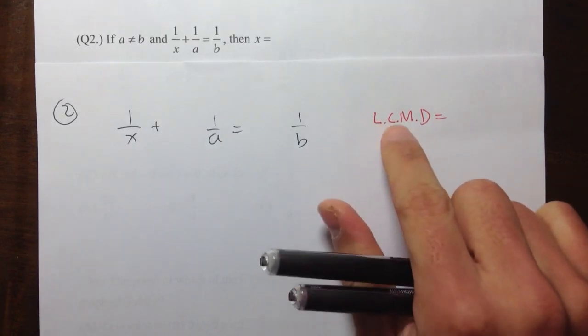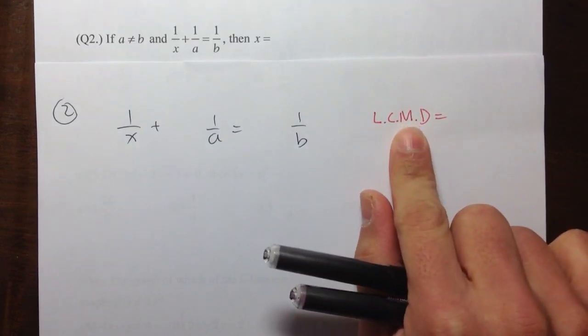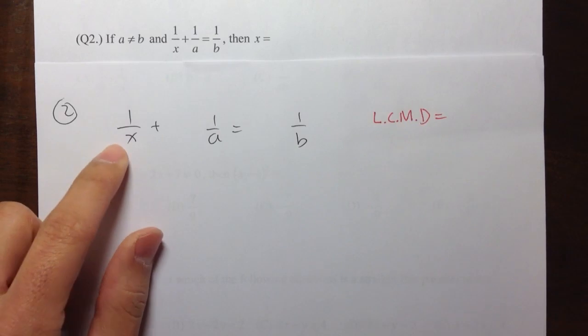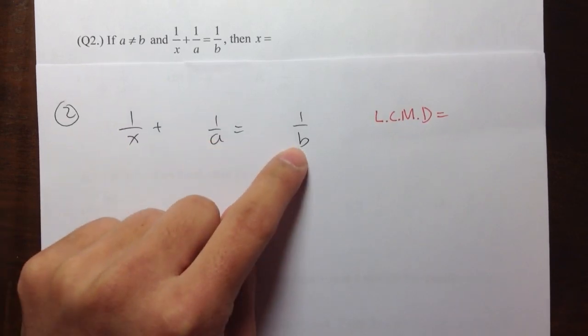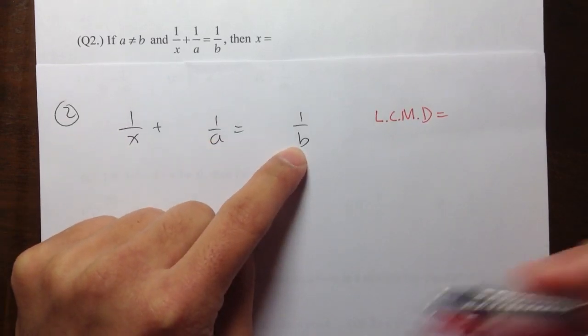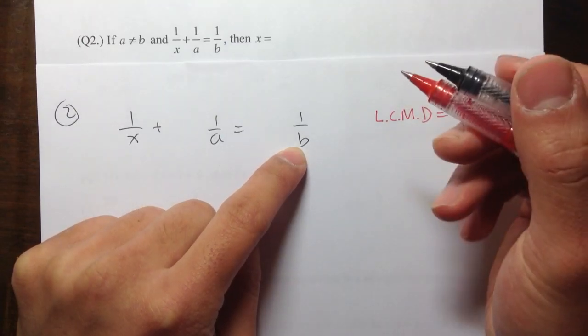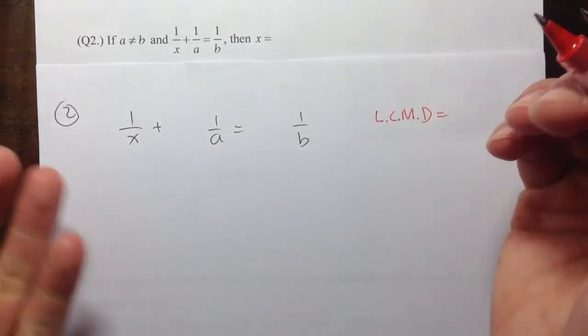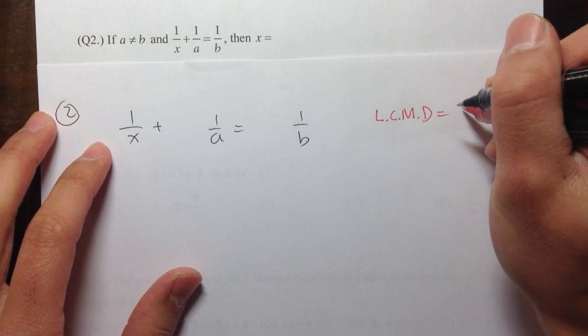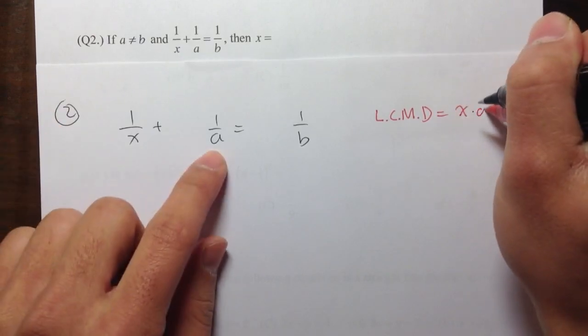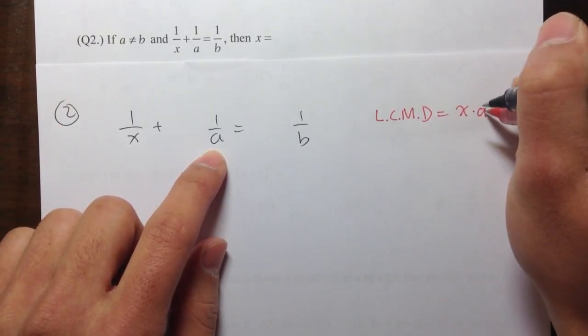I call that the LCMD. M stands for multiple. I have x, a, and b, right? To find the common multiple of all these three things, we just need to put them all together. So I have x times a times b. This is my a, by the way.